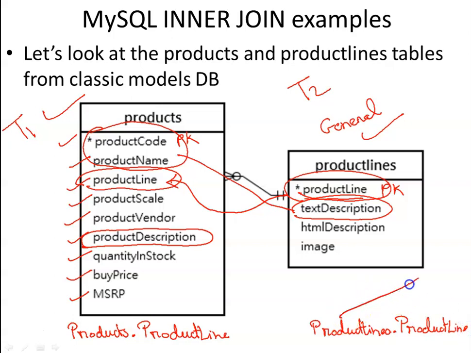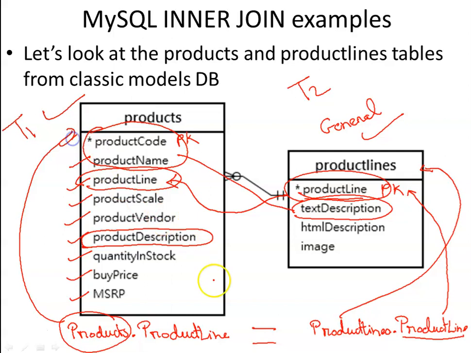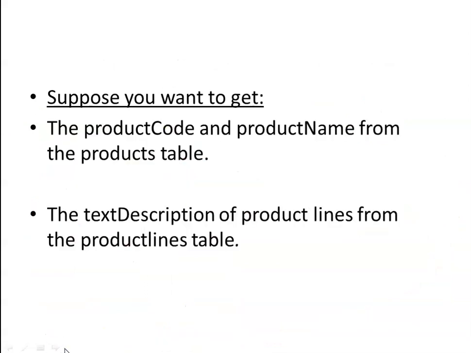So this term refers to the name of the table and this attribute refers to the attribute from the product lines table. So the join condition would be products.productline equals productlines.productline. This term refers to the table products and this attribute refers to the attribute from the products table. We'll have a look at the query.